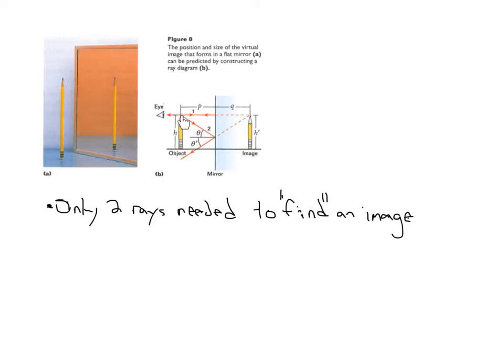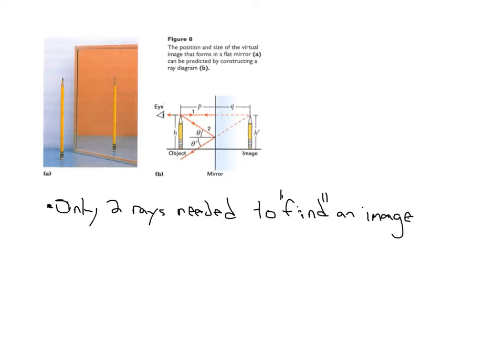If we look at the pencil, and knowing what we know about the law of reflection, I could draw a line straight off from the tip of the pencil, and since the incoming angle is 0 degrees, it's going to bounce off straight back. We would call this ray the reflected ray. Ray 2 I can draw coming down at some angle, and I know that it will bounce off at an angle equal to the angle of incidence.